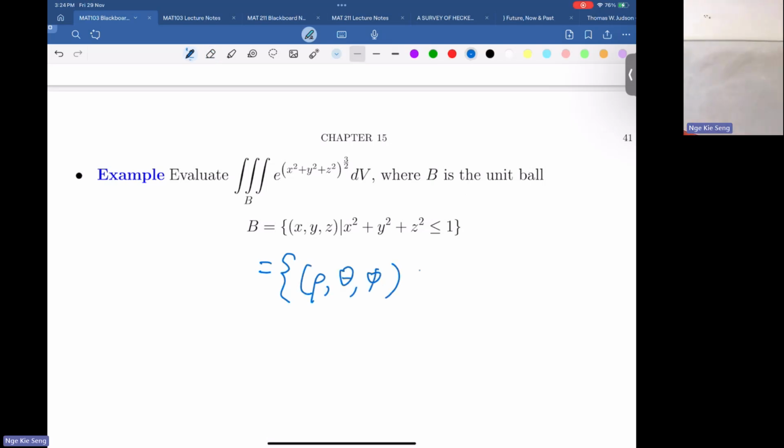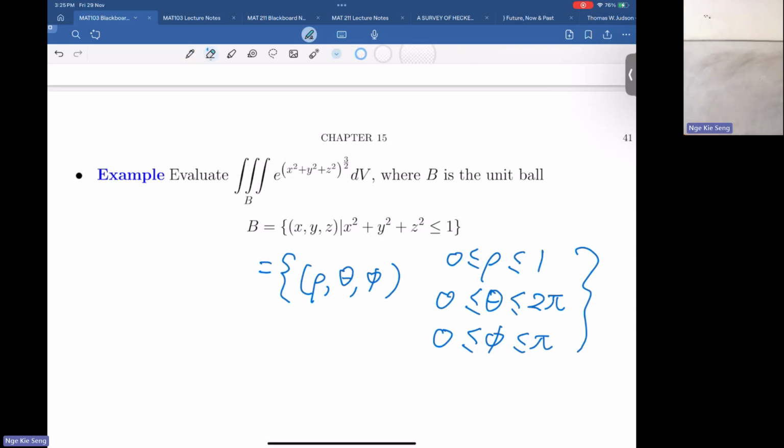Since this is a full ball, you should take the whole radius going from 0 to 1. And then obviously you need to take your theta from 0 to 2 pi to cover the whole ball. And then your phi is the standard domain from 0 to pi. Okay, and then you do this computation. You want to try to compute this?